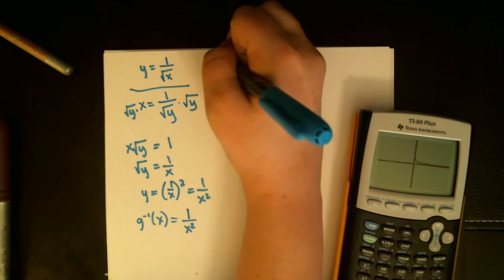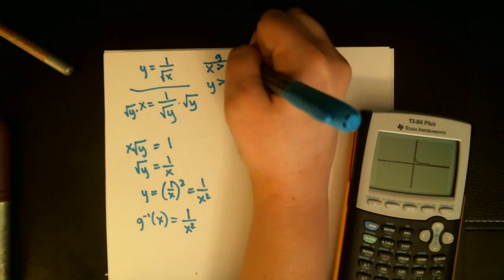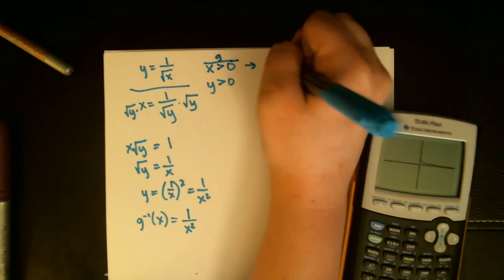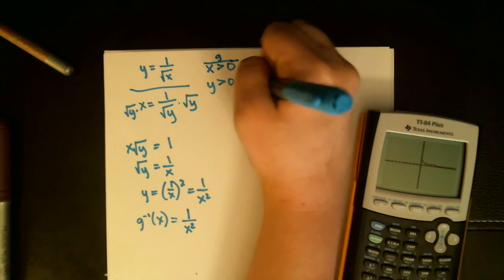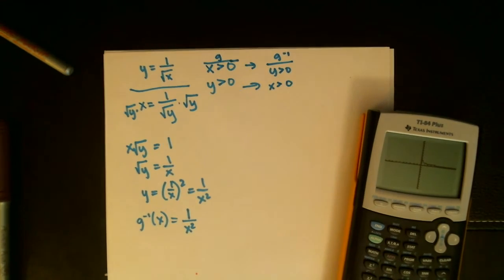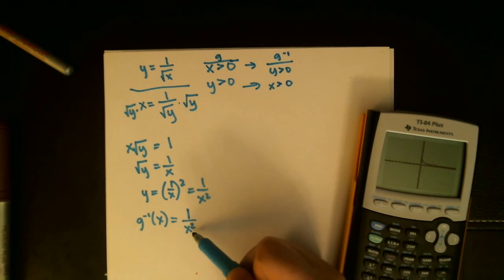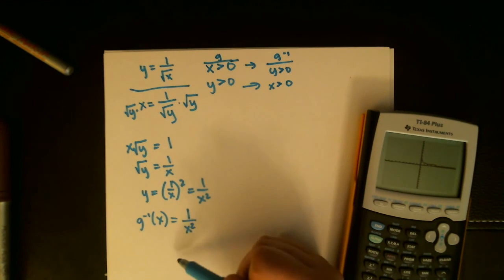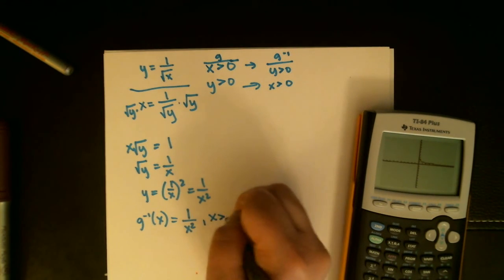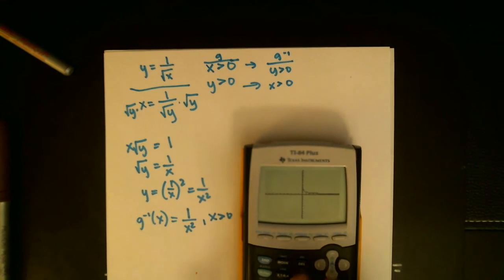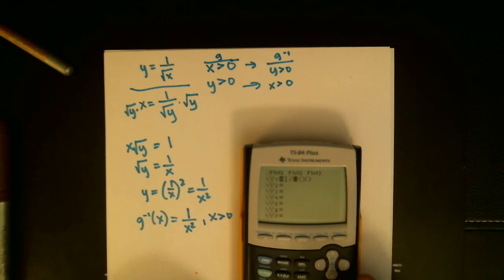So this is for function g, which means that for g inverse, y is greater than 0 and x is greater than 0. X's and y's switch. So we are getting the y greater than 0 because we have the square. But x here in this equation could actually be negative or positive. So we have to force this restriction. So basically, we know, I hope, what 1 over x squared looks like.